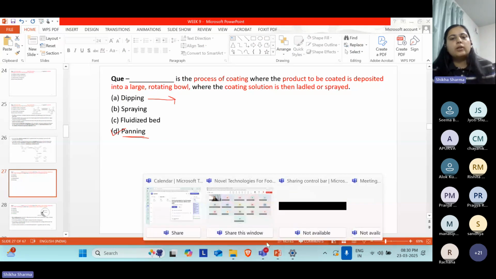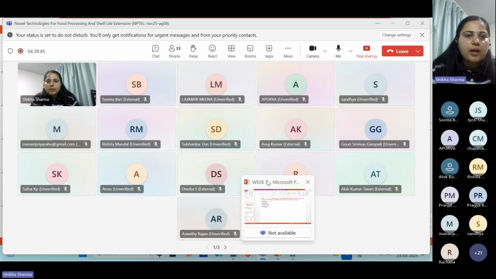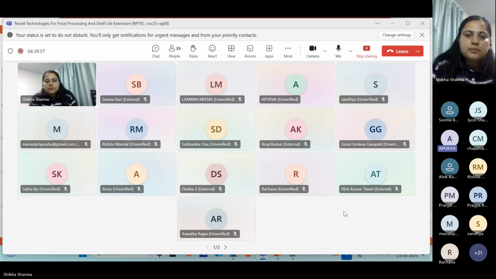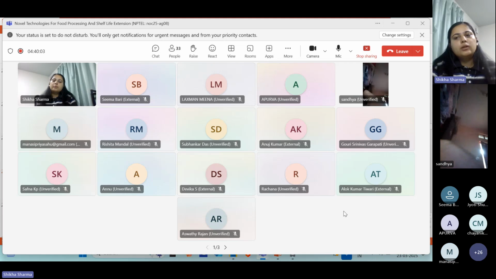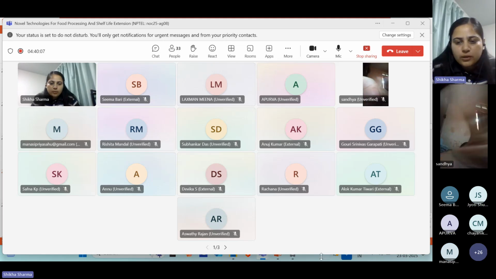Okay, so she has already answered dipping. Now, spraying. I want someone else to tell what is spraying. The chemical is sprayed with a nozzle. The coating solution will be sprayed through a nozzle, the sprayer, a spraying bottle, right?